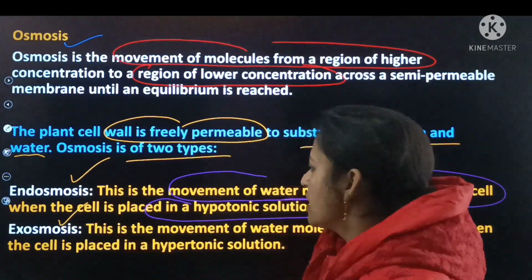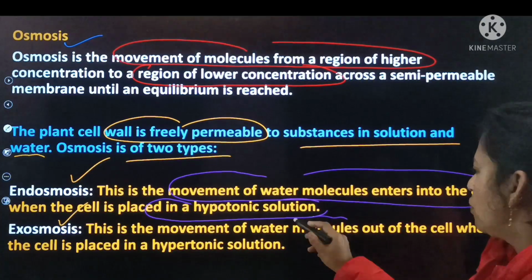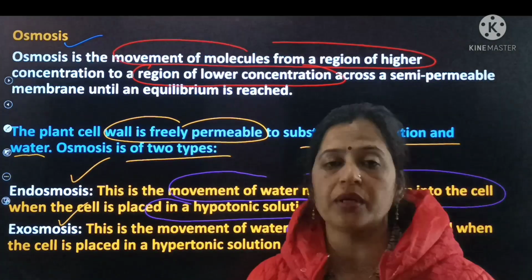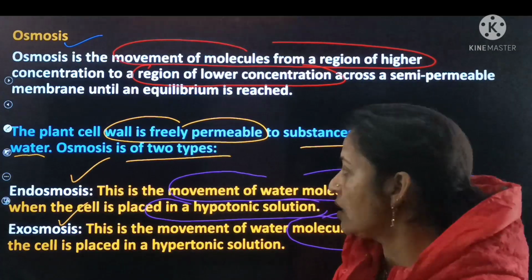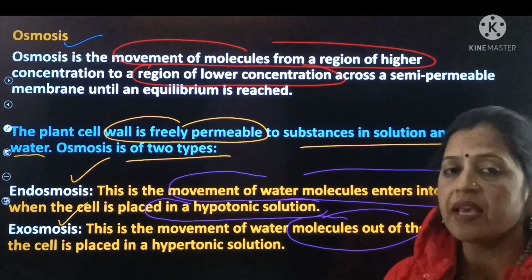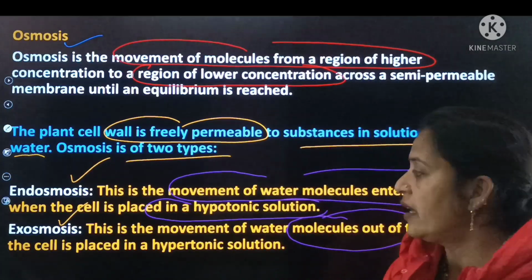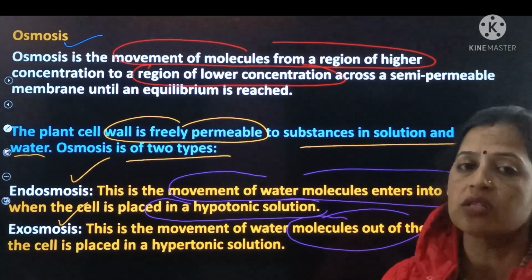And in exoosmosis, there is the movement of water molecules out of the cell when the cell is placed in hypertonic solution. In case of endoosmosis, it is placed in the hypotonic solution, whereas in case of exoosmosis, it is placed in the hypertonic solution.